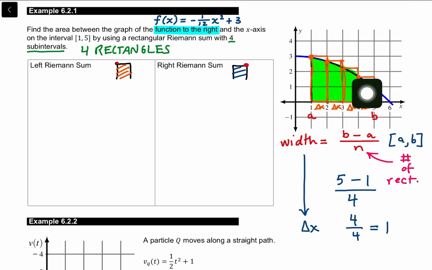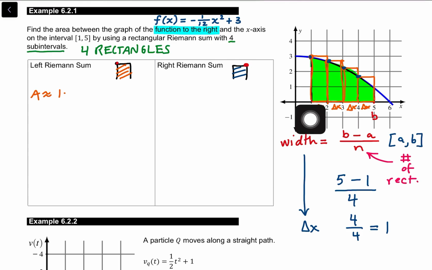Now, unlike the first example, this left Riemann sum actually looks like a bit more of an overestimate. But you could pretty easily find the area of those rectangles because it's just width times height. So in this left Riemann sum, I might say the area is approximately 1 times, and what's the height of that rectangle?